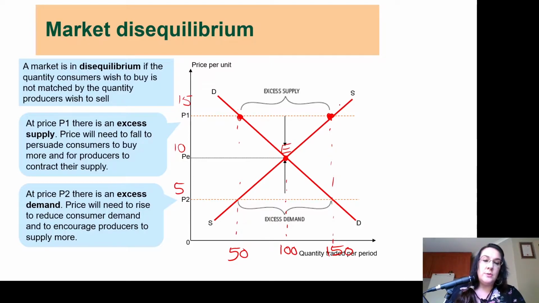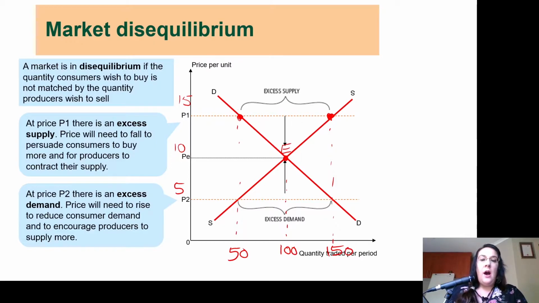Then if I go to my supply curve at 15, I can see that they are willing to supply 150 units at that price. Remember, your suppliers want to supply at a higher price, your consumers want to have a bargain and want to pay less and get more. Then that is going to be my excess supply. So the difference between 50 and 150 would give me 100, and that would be the excess supply.